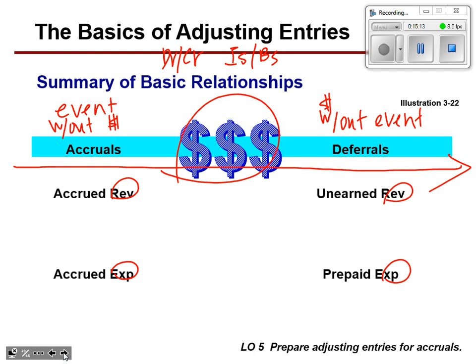Where would prepaid, like I buy supplies, and as I use them, where would that fall? I go buy those 4 erasers on January 1st, and on December 31st, I only have 1.5 left. I used 2.5. Where would it land? Ben, it looks like it's on the tip of your tongue.